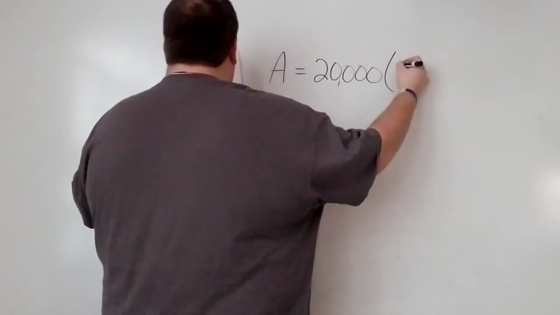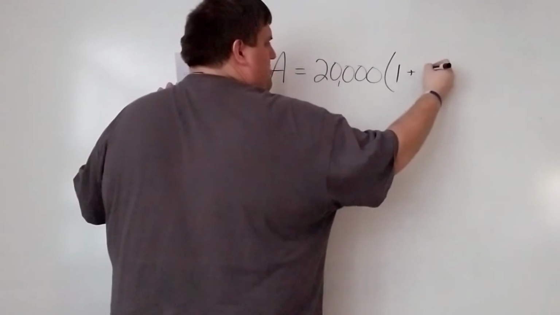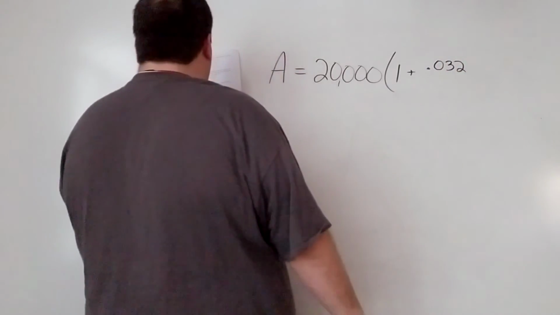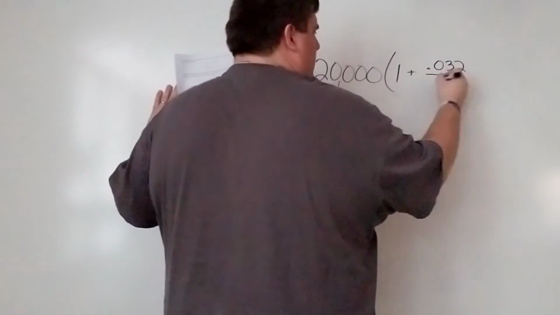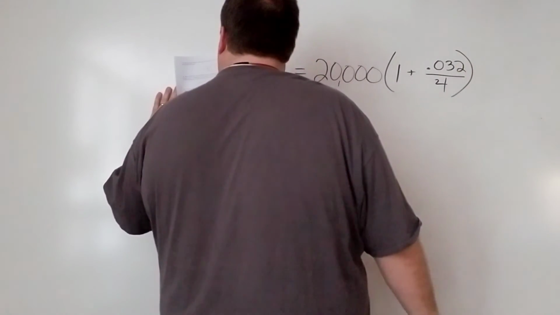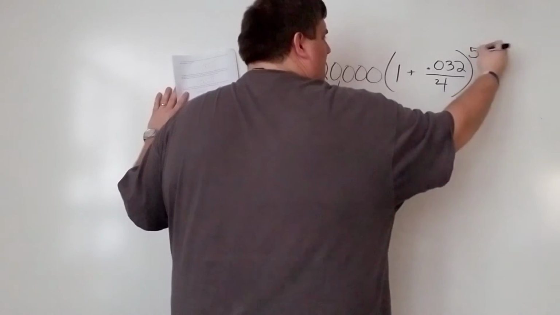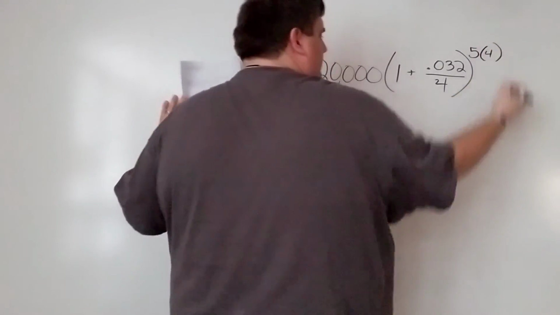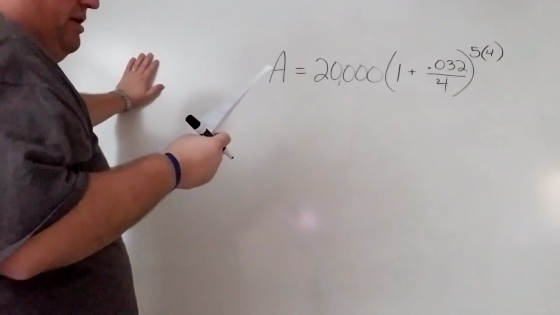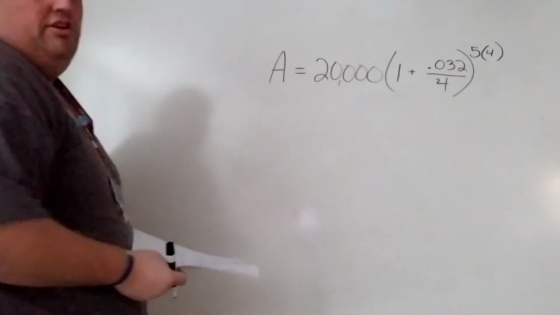Savings account is offering him 3.2%, which would be 0.032. Compounded quarterly, that'd be 4. How much is it worth in 5 years? So that's 5 for the t, and we still need a 4 out there because it's compounded quarterly. So that's what it should look like when you set it up.